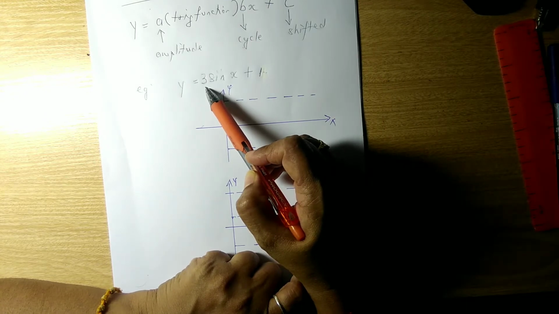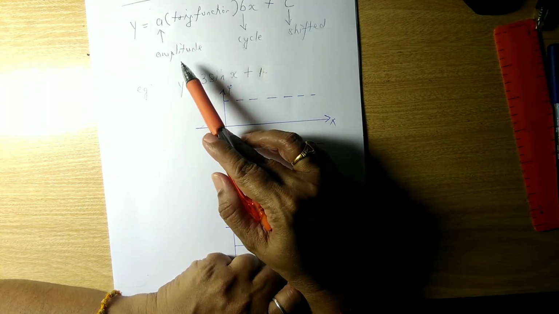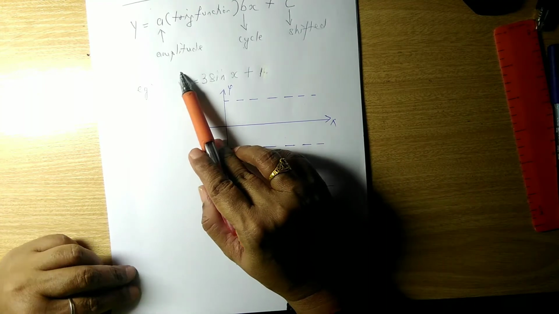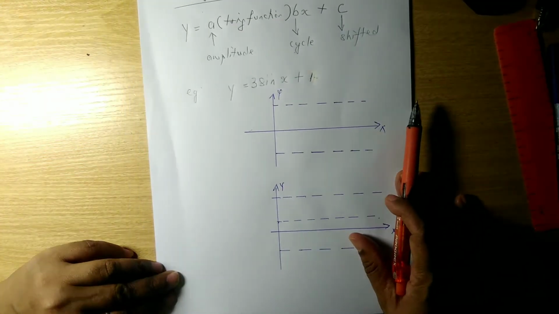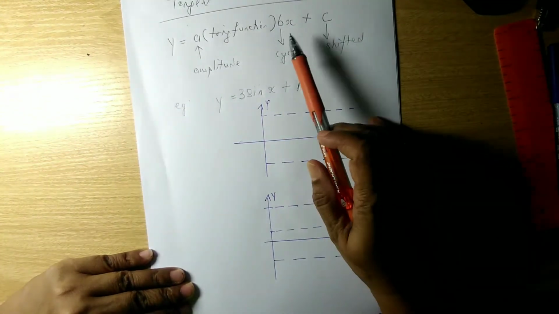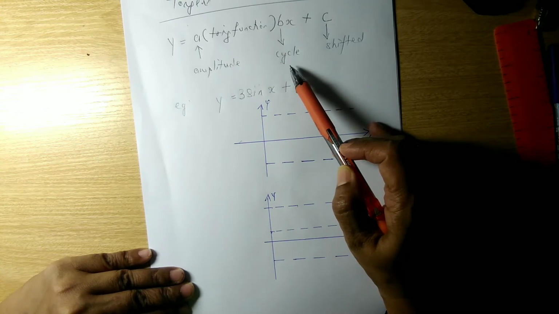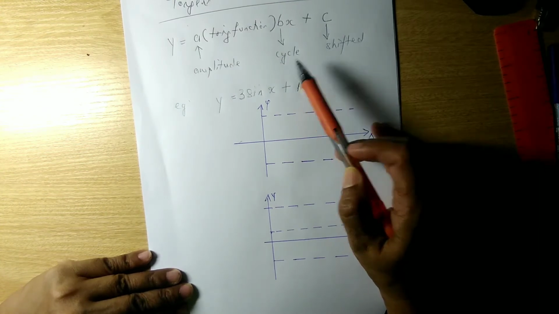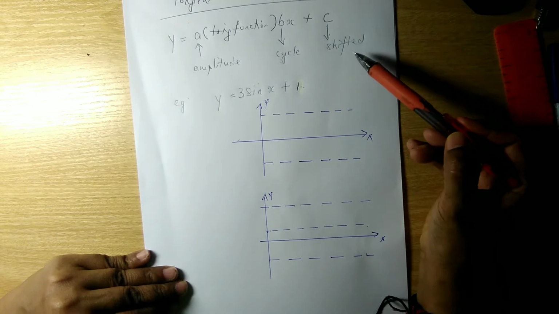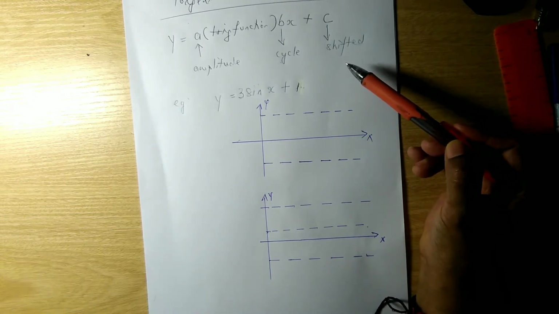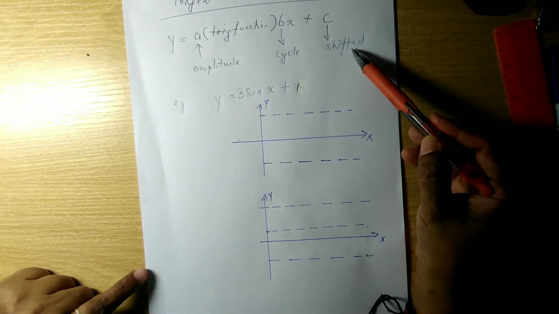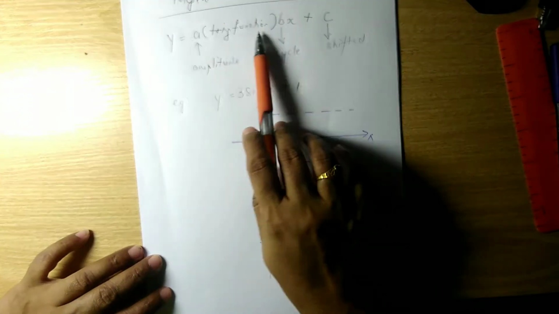The first one that you see, a, stands for the amplitude of the graph. B stands for cycle, and c tells you how much the graph has shifted from the original position. So you need to know what is a, what is b, what is c.